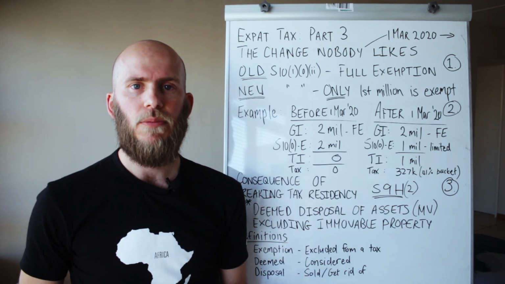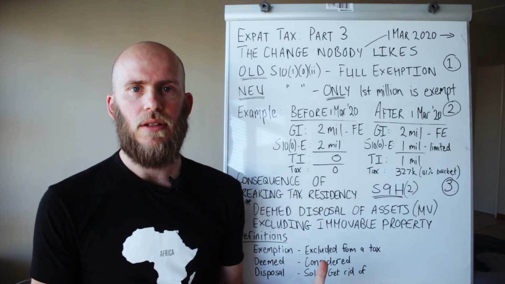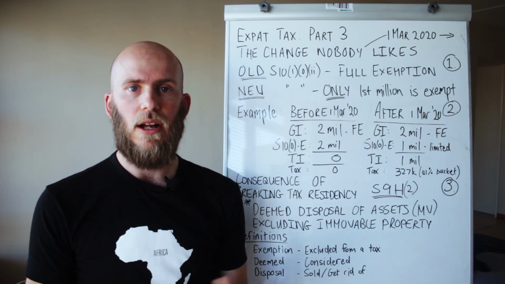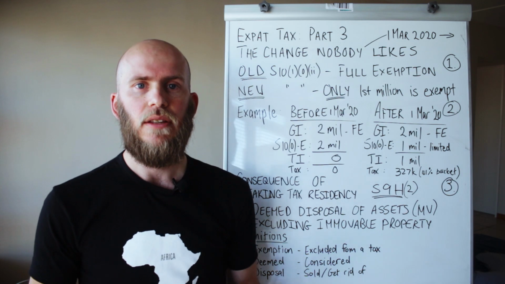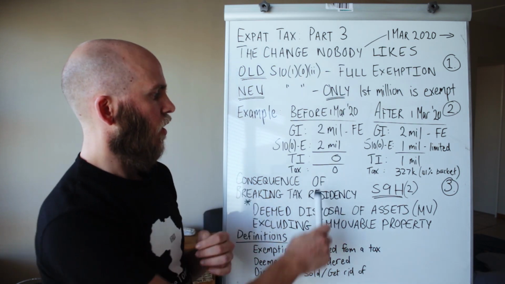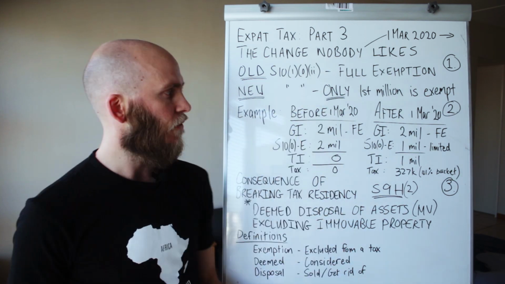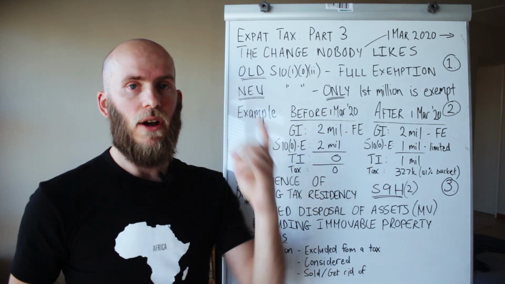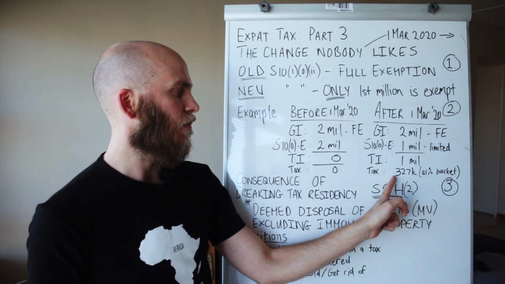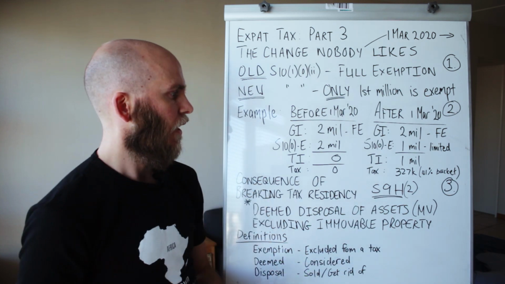Because let's say, for example, you work in a country where there is no income tax on your income, like for example the UAE. The income tax is 0. That means that you go from paying no tax in the UAE and no tax in South Africa, to a point where you pay no tax in the UAE and you have to pay this completely in South Africa.